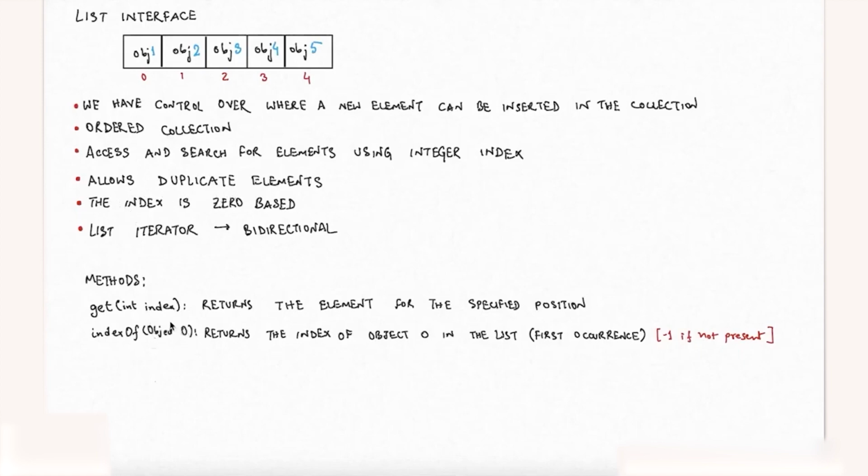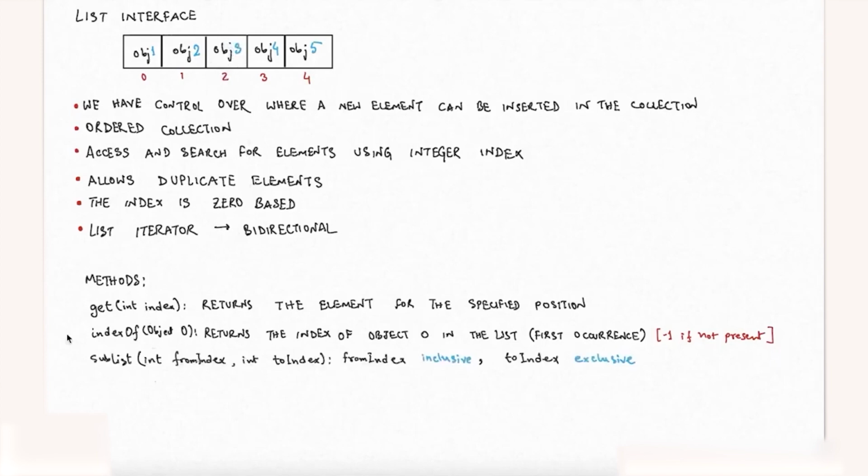So if we ask about an object and use the indexOf method, the index of the first occurrence of that object would be returned. So if we use indexOf object 3, then 2 would be returned because object 3 is in a position where the index is 2. If there was another object 3 here at index 5, still a 2 would be returned because indexOf returns the first occurrence of the object.